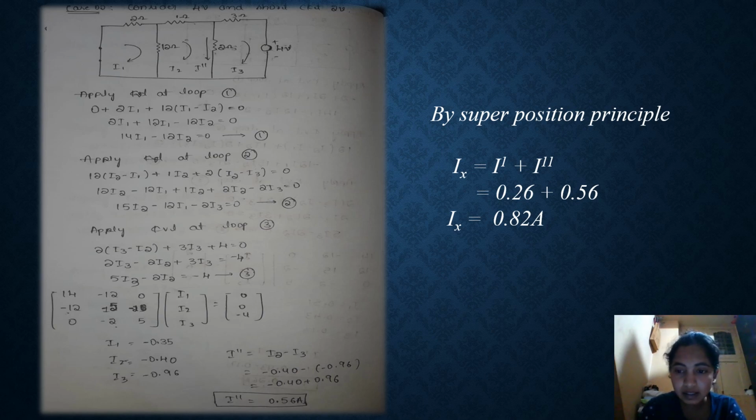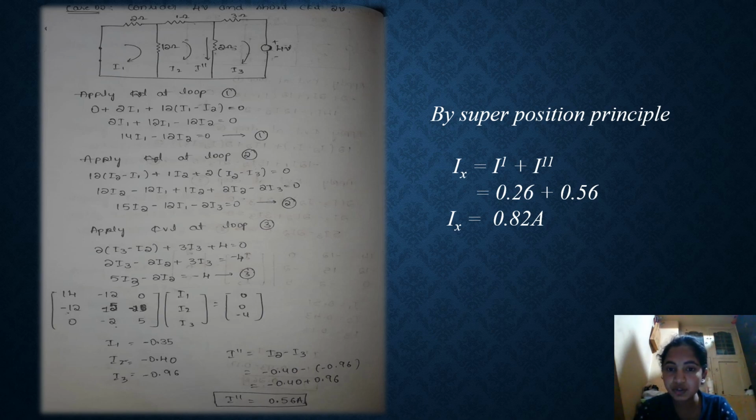So after matrix multiplication, I1 will be minus 0.35, I2 will be minus 0.40, and I3 will be minus 0.96. So I double dash will be I2 minus I3, that is I2 is minus 0.40 and I3 is minus 0.96, so I double dash will be 0.56 amp. So this is the case 2 condition.